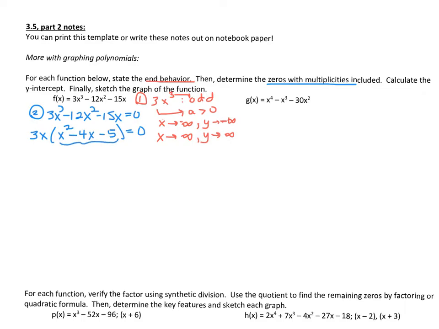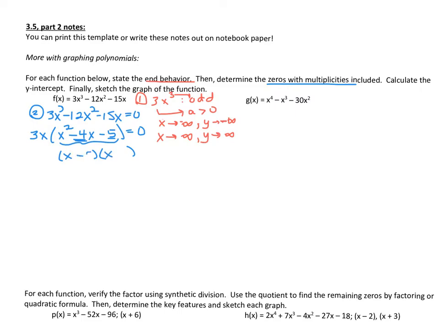If the lead coefficient is 1, we want to split c to get that b coefficient in the middle. What are two numbers that multiply to get negative 5, but add to get negative 4? We could do negative 5 and positive 1. So we'd split the x squared into x times x.